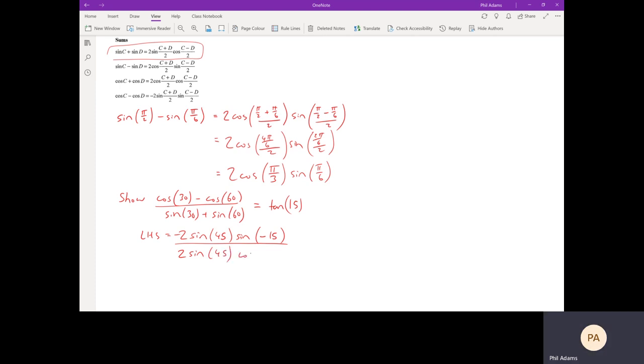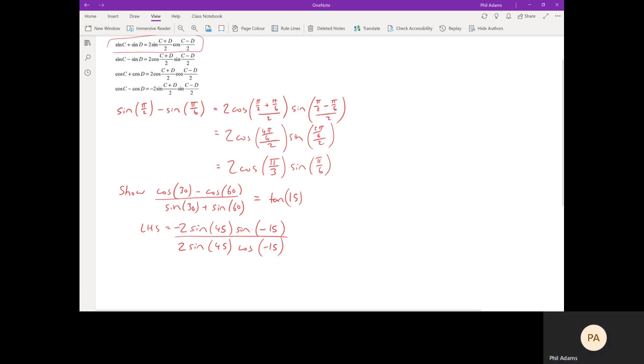And then cosine of the difference. So 30 minus 60 is negative 30, divided by 2 is negative 15. Okay, so we'll do that right, C minus D. Yep, I think so. All right.